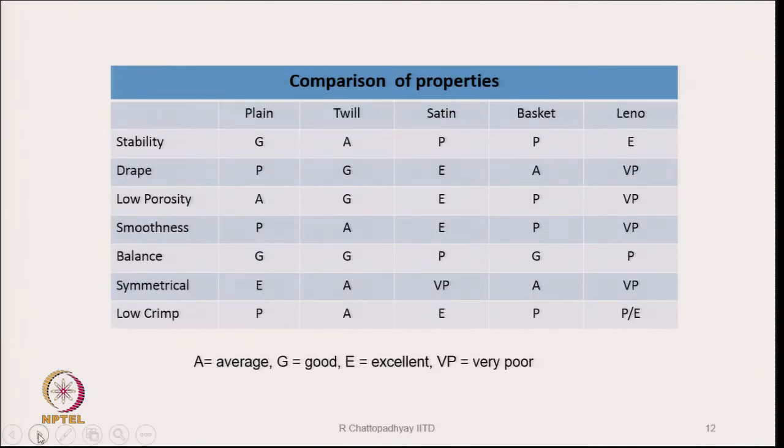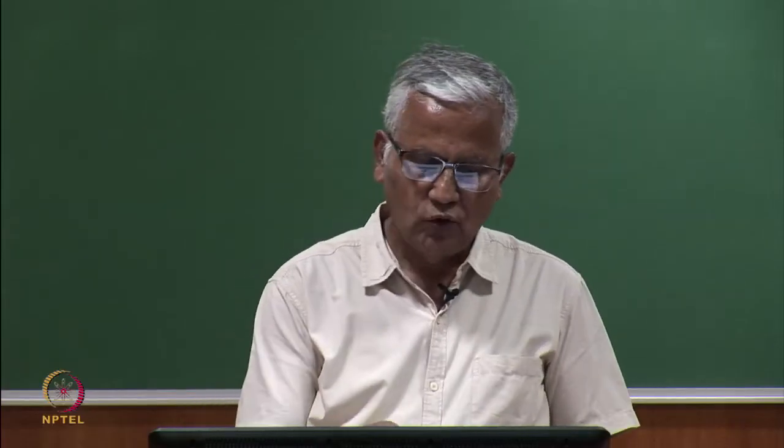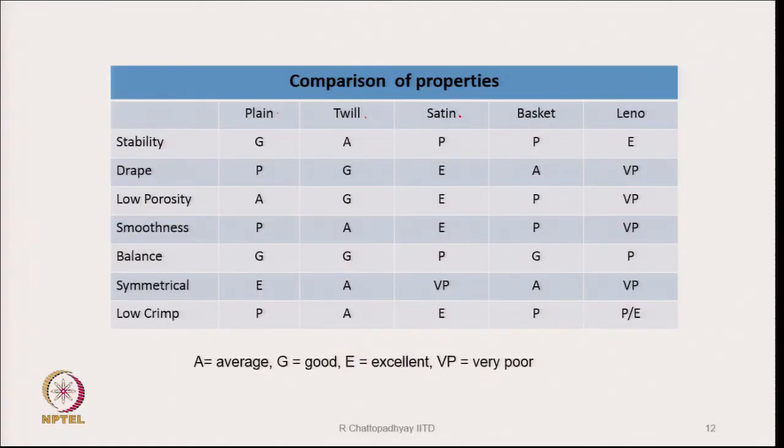Then here there is a qualitative comparison between certain fabric parameters with the different types of fabric construction that we have seen just now. We can have plain woven fabric, twill woven fabric, satin fabric, basket weave woven, and lino, which is another type of weave which I have not discussed.